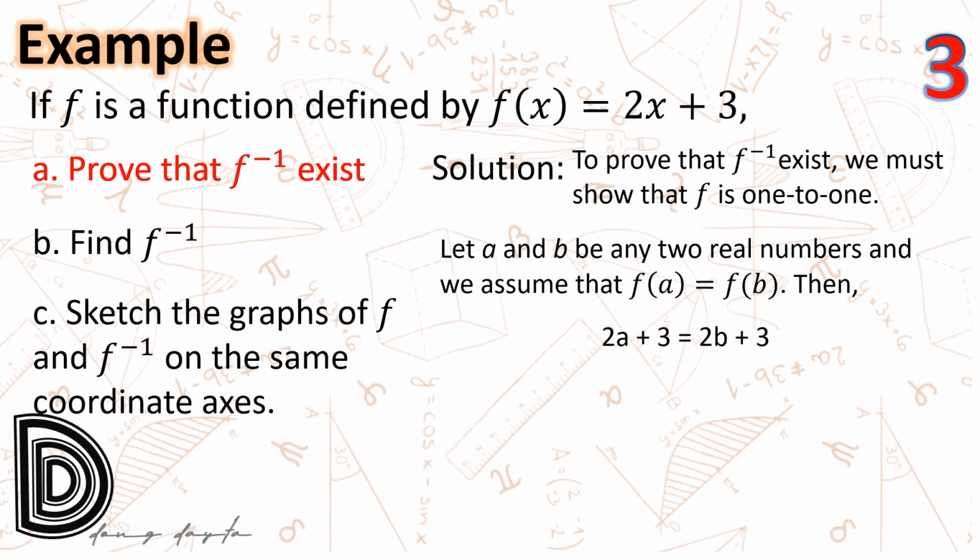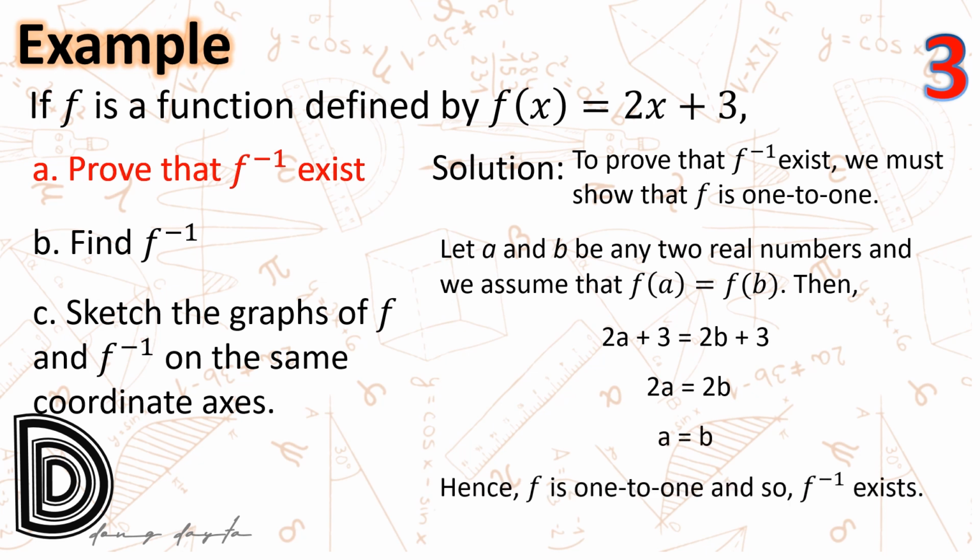Then, substituting a to x in f of x, and on the right side, substituting b to x in f of x, we have 2a plus 3 equals 2b plus 3. 2a equals 2b. Divide both sides by 2. A equals b. Hence, f is 1-to-1, and so the inverse of f exists.